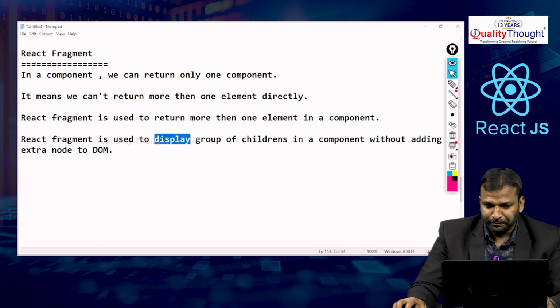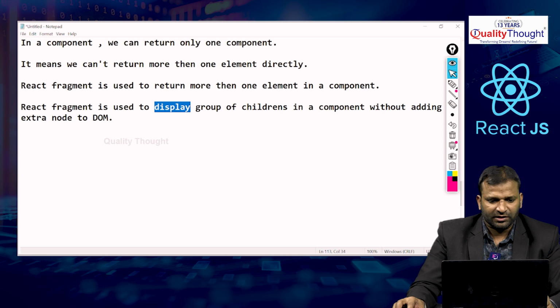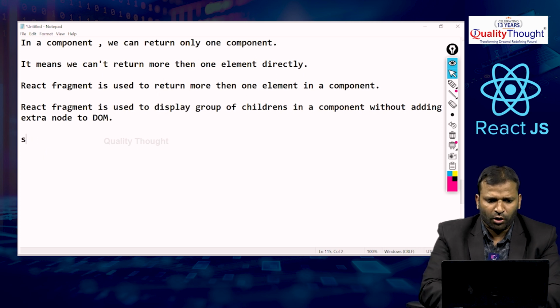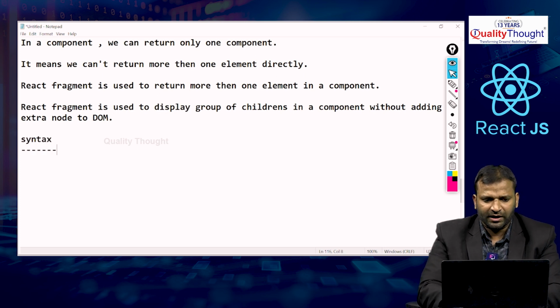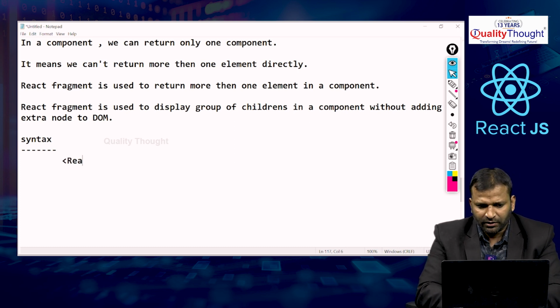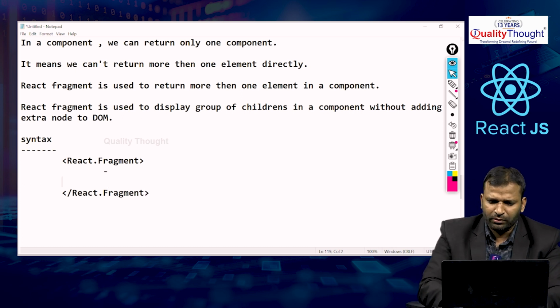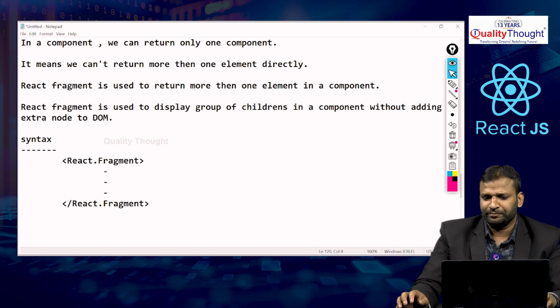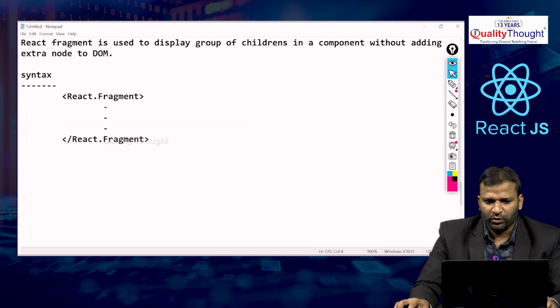I didn't understand? See here, I will give you the syntax first, so you understand in how many ways we can use it. Then I will explain that point for you. Here we can take React.Fragment. We need to use this, React.Fragment, and then you can write however many elements you want to return. That is syntax 1.